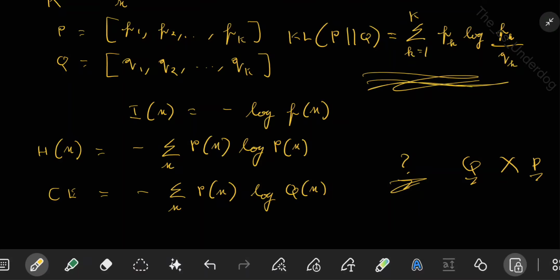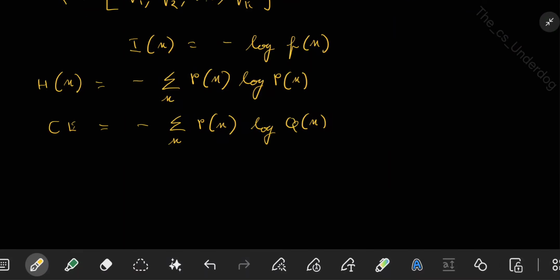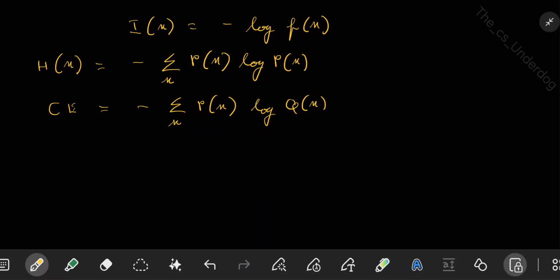This is your actual point of KL divergence. How can you mathematically represent that? In order to represent that, you can say the estimated cost. What did I ask? I asked how much is the extra cost that is required when using Q instead of P. Q in place of P. What is the extra cost?